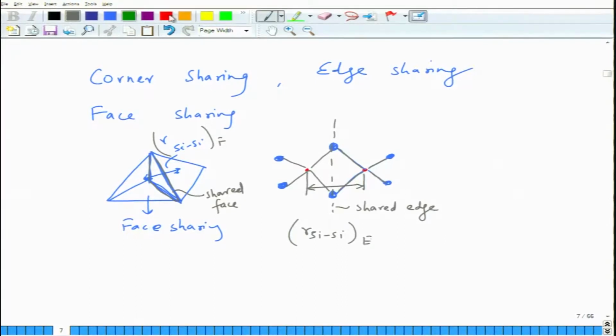And then the third configuration that is going to be possible is you have a silicon atom, you are going to have one oxygen atom which is common to both of them, and other atoms are going to be present at certain positions. It is not very accurate, but one bond.